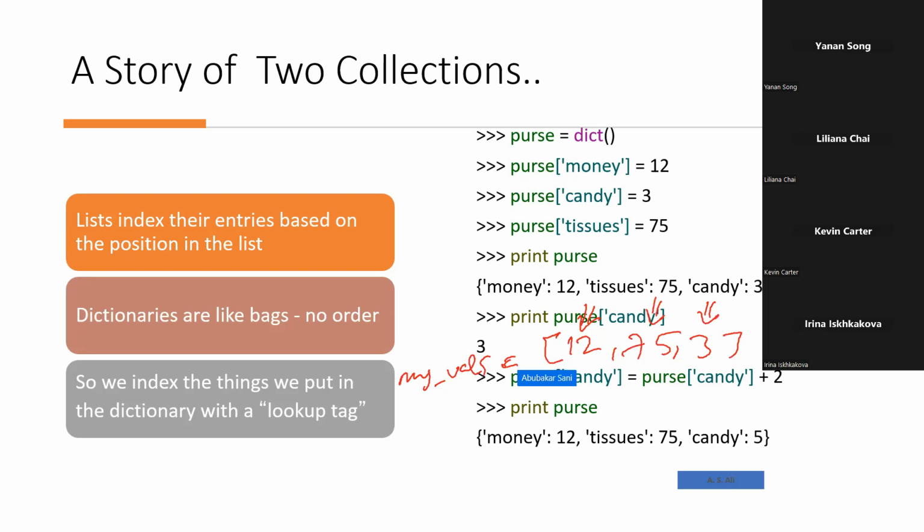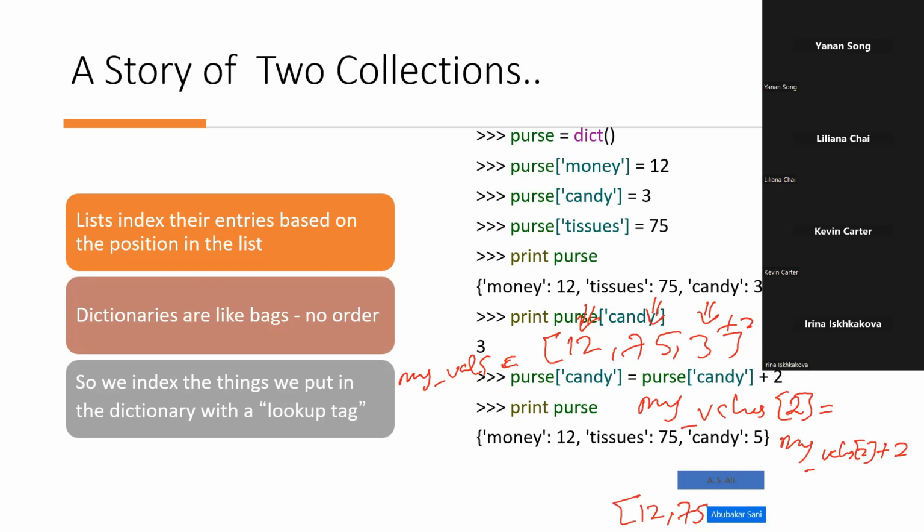I can say the thing at index 2 equals my_list index 2 plus 2, so this will be 3 plus 2. Then if I print it out, I will see 12, 75, and 5. But I don't know what these are.